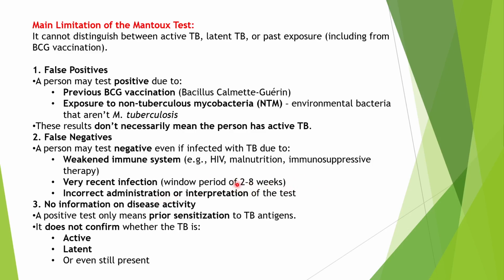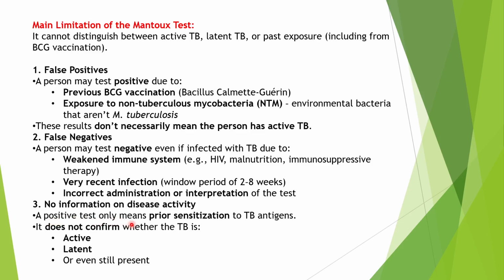Depending on the host system, the amount of bacteria that has infected, and many other reasons, the test can show positive anywhere between 2 to 8 weeks. And also incorrect administration or interpretation of the test. If the test is not done properly, you will not get a positive result. No information on disease activity.